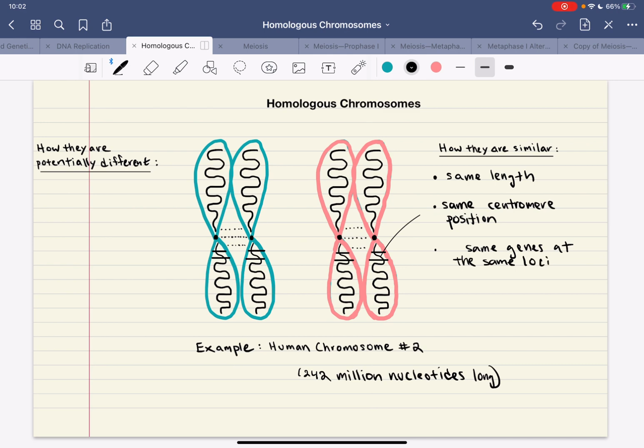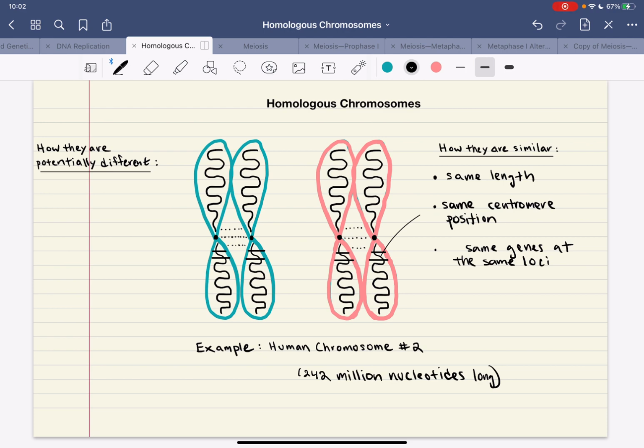So I'm using a term here called locus, loci, plural. I haven't defined it. I'll define it in a moment in the PowerPoint slides, but it basically just means the specific location of a gene along a chromosome.